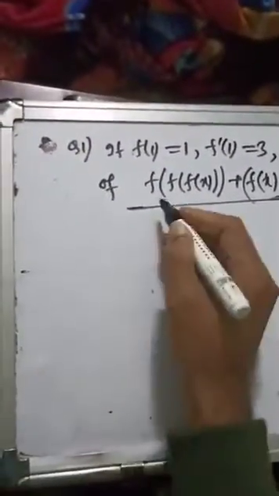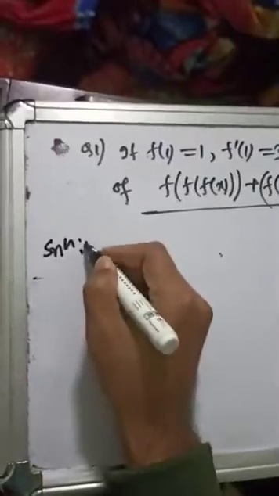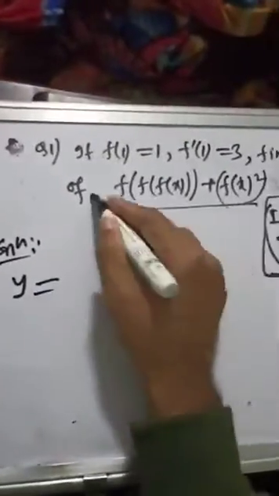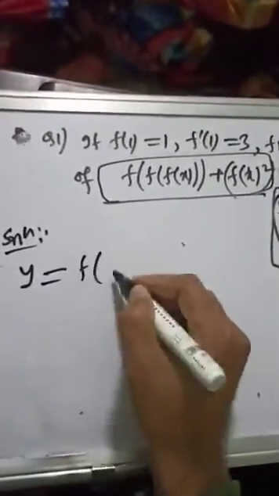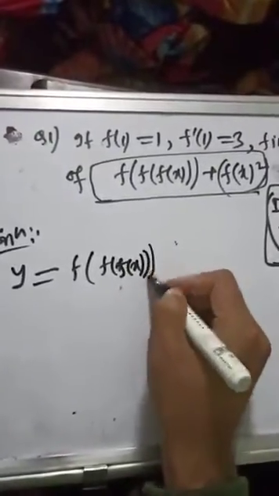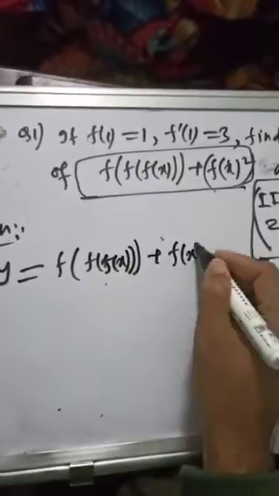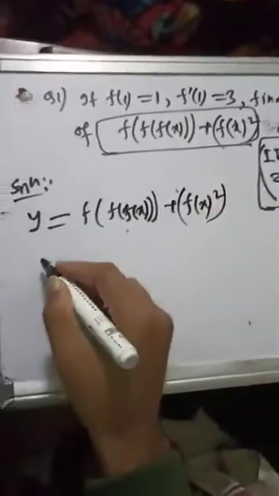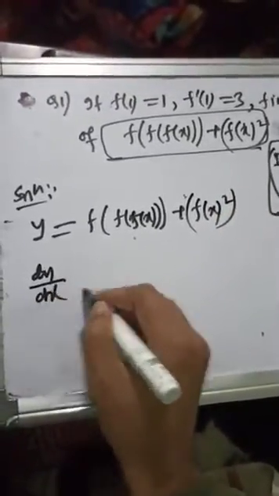So how do you do it? First of all, take this function as y equals f of x plus (f of x) squared. I am directly differentiating this.